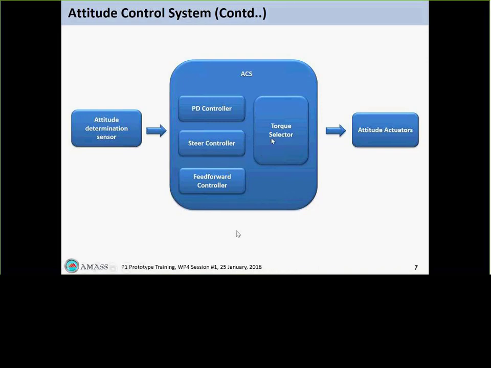But we have another component which is torque selector, which takes all of these torques and decides which torque should be sent to attitude actuators to be applied on the satellite body. And that decision is made based on the current strategy which is required in that scenario.